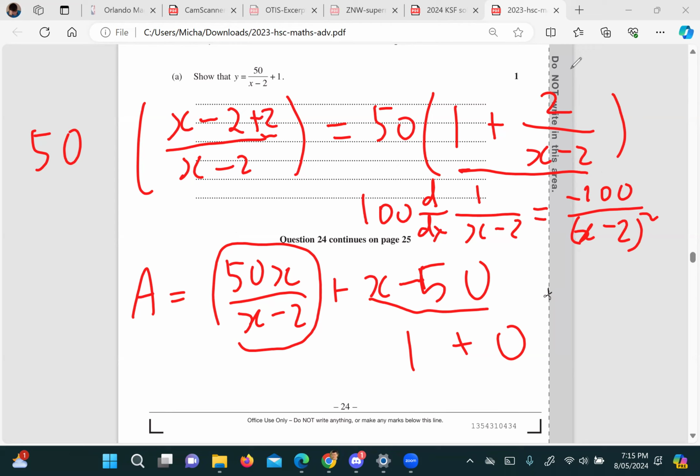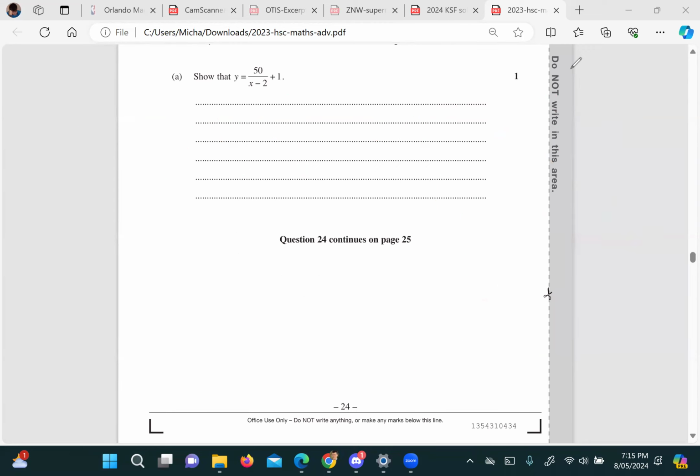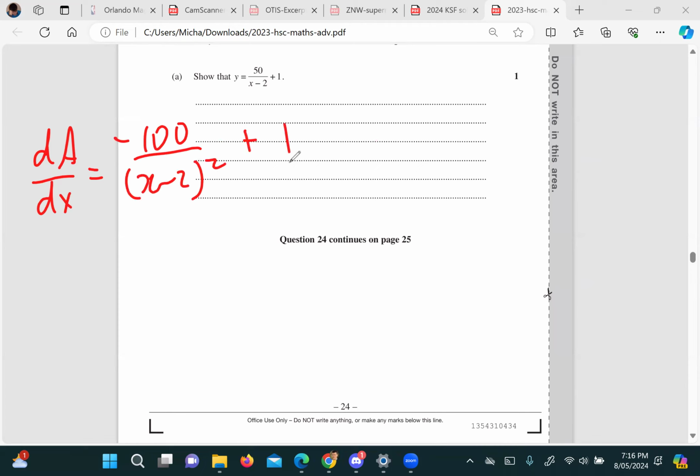Another thing, when you had the derivative, it was minus 100 on x minus 2 squared plus 1, right?